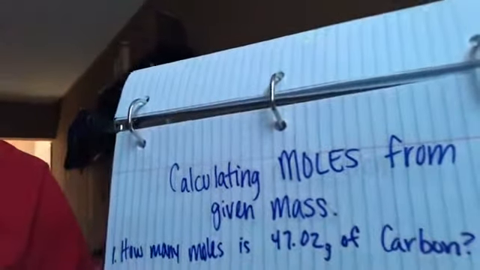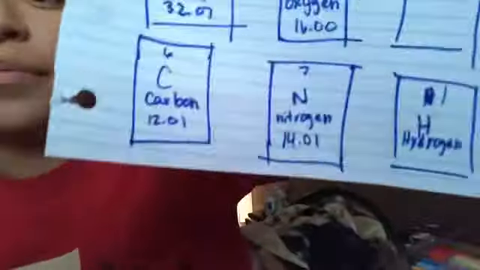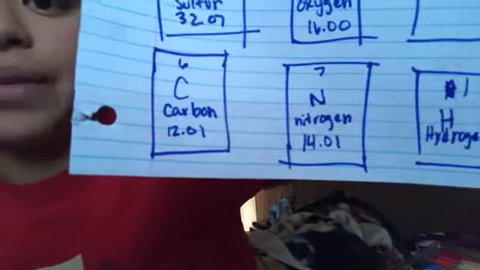Looking at the periodic table, we see that there are 12.01 moles in carbon. So we would have to times that by the 47.02 grams that it gives us, which is the mass, in order to find out how many moles carbon has.